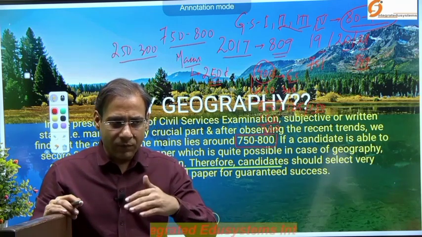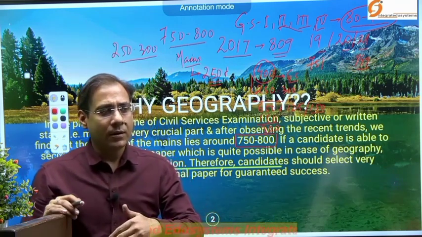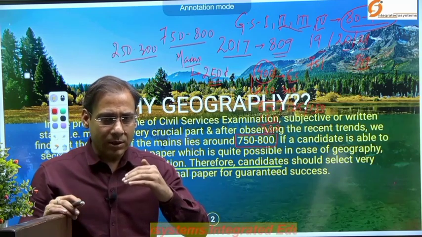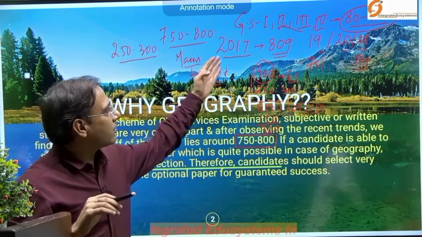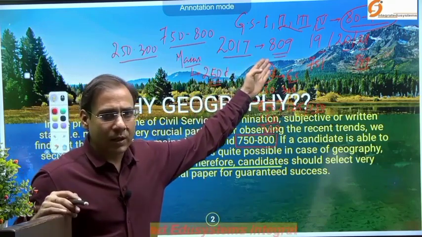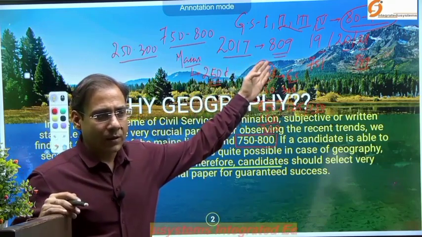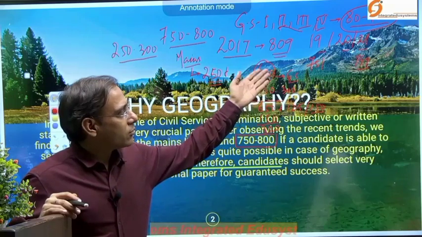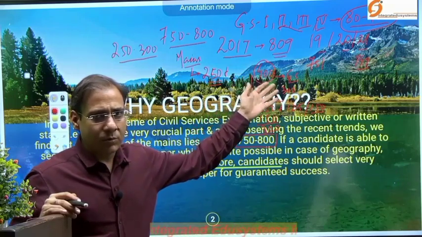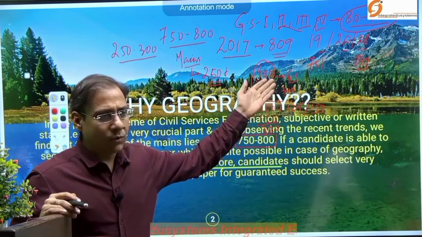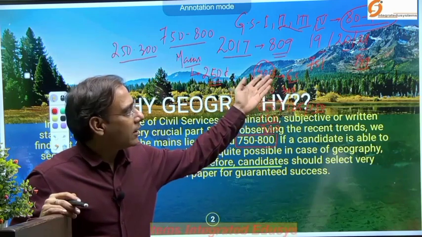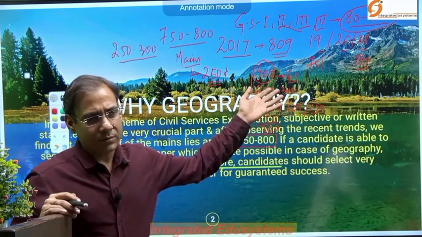Even their cutoff will be less than that. The general candidate cutoff in 2017 is the highest, 809. The cutoff of 2021 lies around 748. In 2020 it was 745, and in 2019, 751.